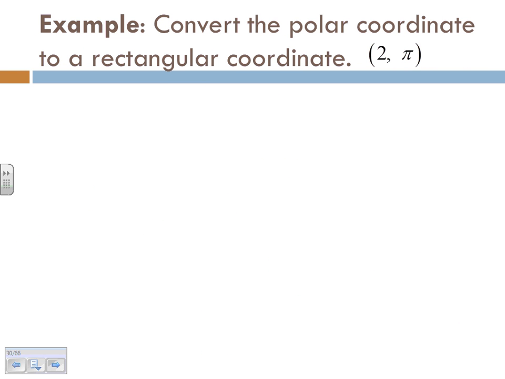Alright, so let's convert this polar coordinate to a rectangular coordinate. Well, there's a couple ways you can do it. I'm going to show you the hard way. X is what? R cosine theta. Good. So x in this case, what's my R? 2 times cosine of pi, which would give you what?